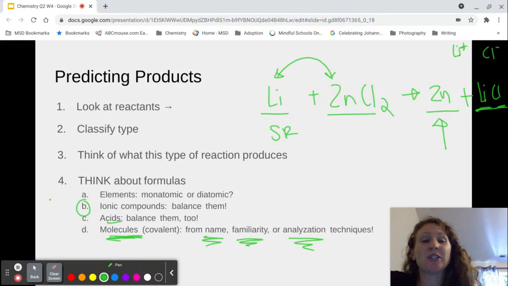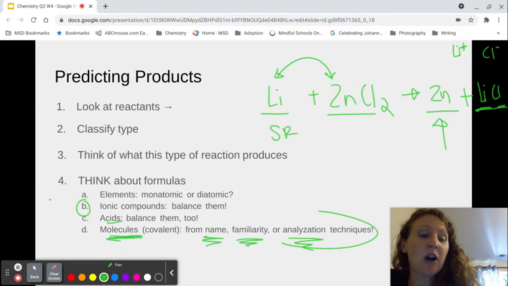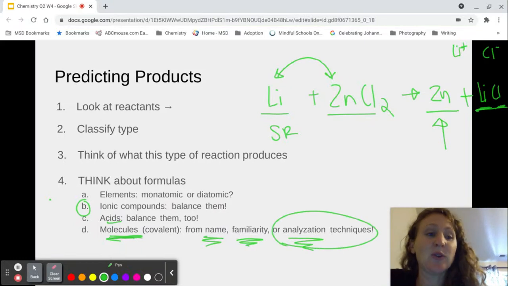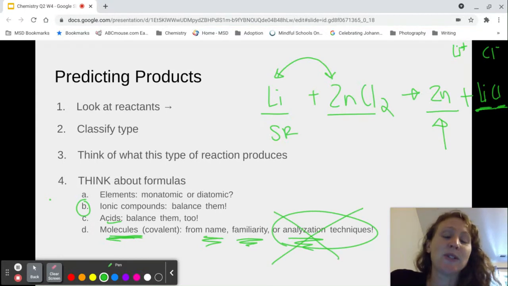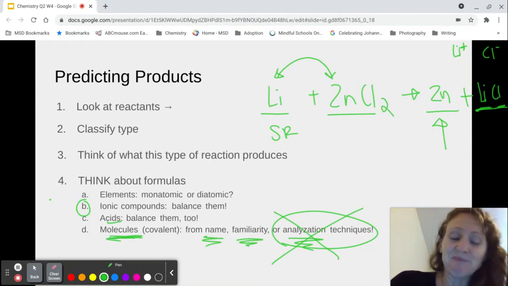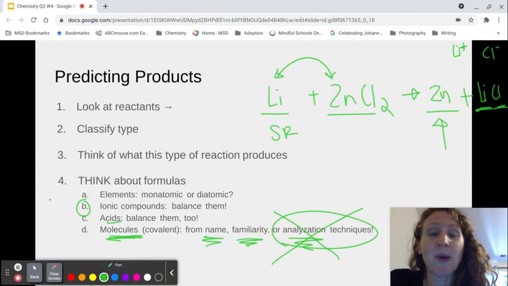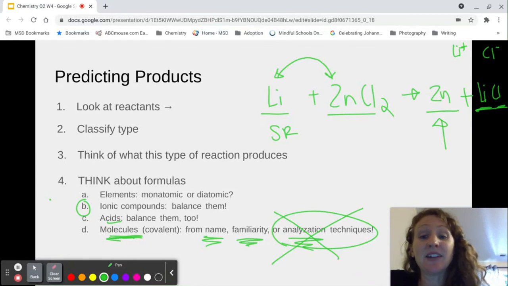You're going to have to use a bunch of analyzation techniques to figure out what you just made so that you can write it in your formula. Now, obviously, we're not going to do this. We'll talk about some of those techniques once you take AP Chemistry next year, but we're not going to go through how to identify the molecule you just formed.